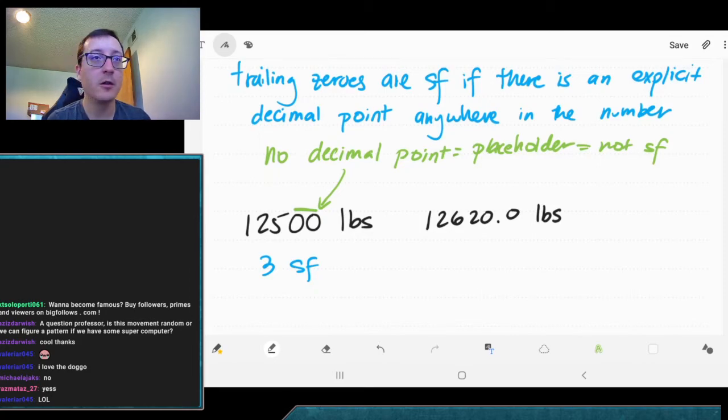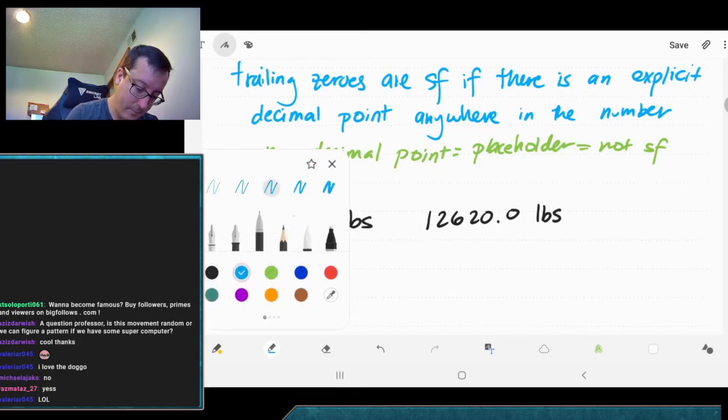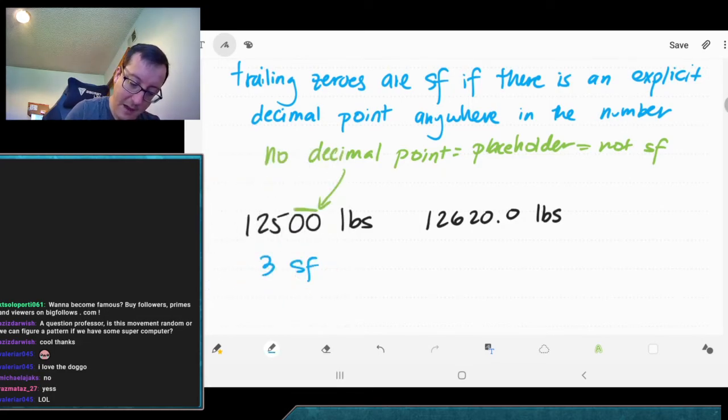And so we now have a decimal in our number. And so, again, that means if there's a decimal anywhere, zeros at the end will be significant. So that means everything here is significant. That is 6 sig figs.